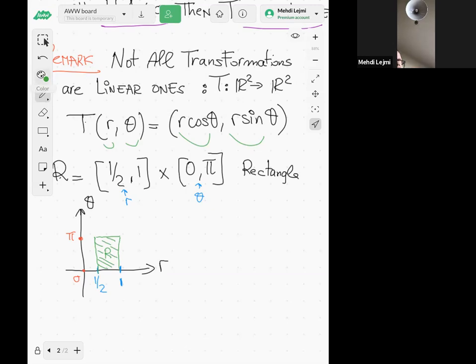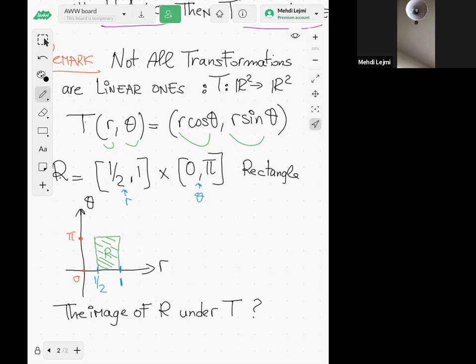So the question is, what's the image of R under the transformation T? Remember, for linear transformations, they take parallelograms to parallelograms. So if you have a rectangle, you get a parallelogram. But here, we have this rectangle.